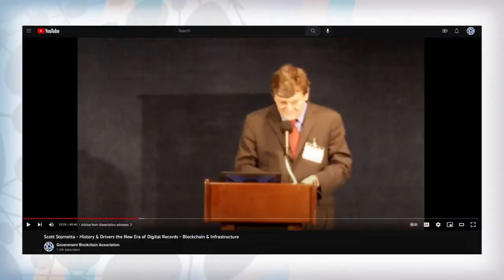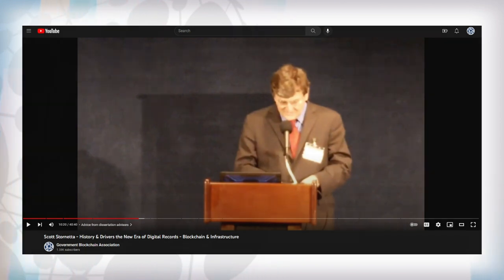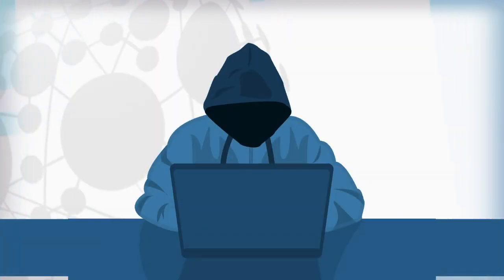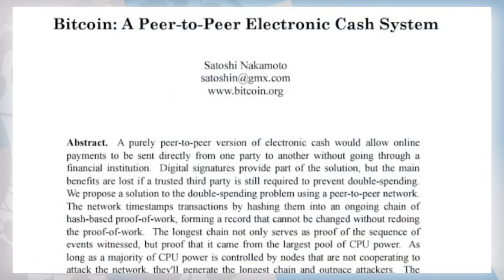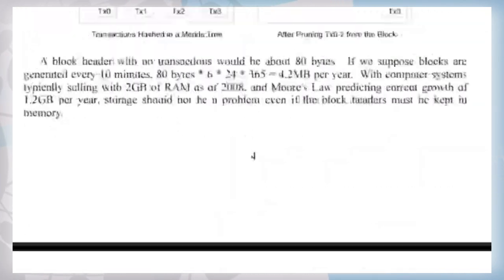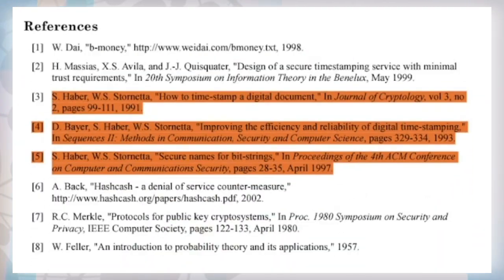And to kind of put this all into perspective, 2008, when Satoshi Nakamoto created the Bitcoin white paper, and then from that, the Bitcoin token and ecosystem. In the white paper, there's 8 references. 3 of those 8 references belong to the work that Scott and Stuart did. And like I said before, they created the concept of a blockchain, which was essentially primarily looking at 2 things, right?